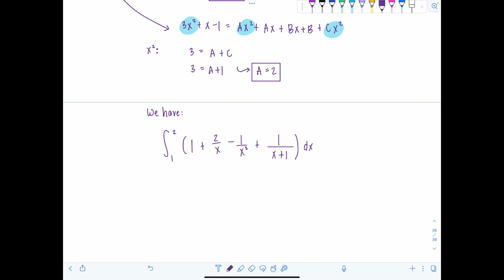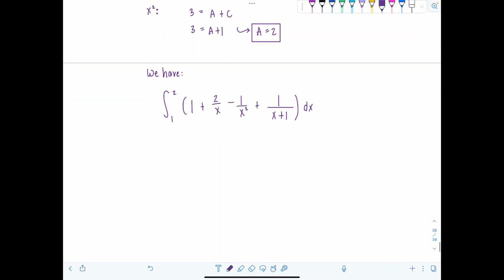All right, all of these terms we can just antidifferentiate directly. Antiderivative of 1 is just x, plus antiderivative of 2 over x, it's 2 natural log, absolute value of x. This minus 1 over x squared, that's negative x to the negative second. You add 1 to the exponent, divide by the new exponent.